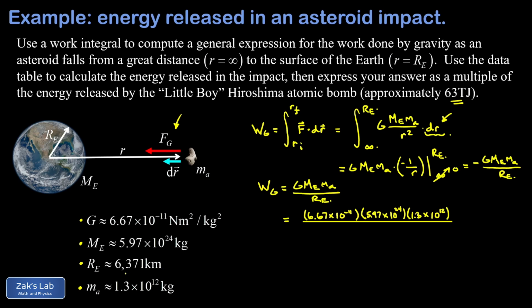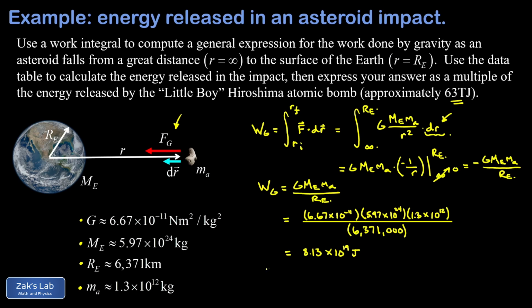We were given a radius of the Earth of 6,371 kilometers. So I'm just going to write that in expanded form in meters because that's the SI base unit here. So we need to tack on 3 zeros. So this is 6,371,000 meters. And when we run the numbers on this to 3 significant digits, we end up with 8.13 times 10 to the 19 joules of energy released.